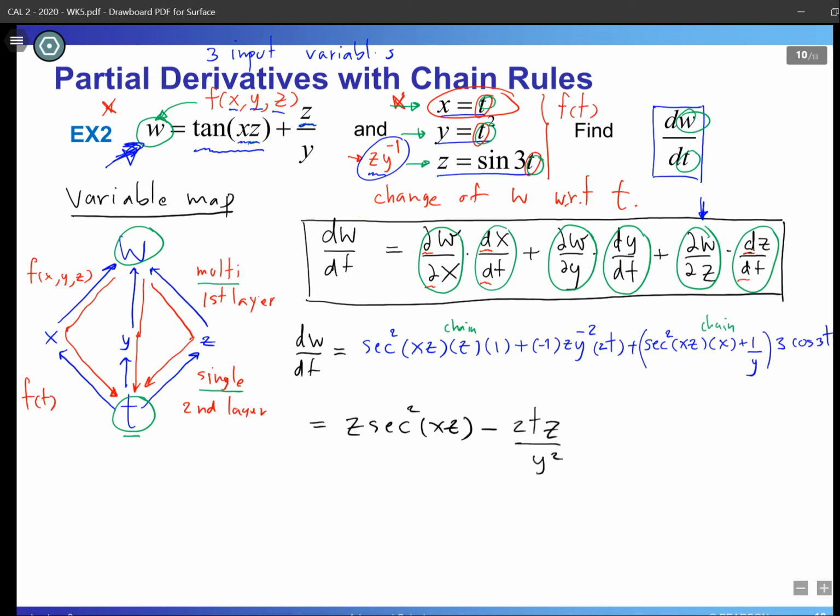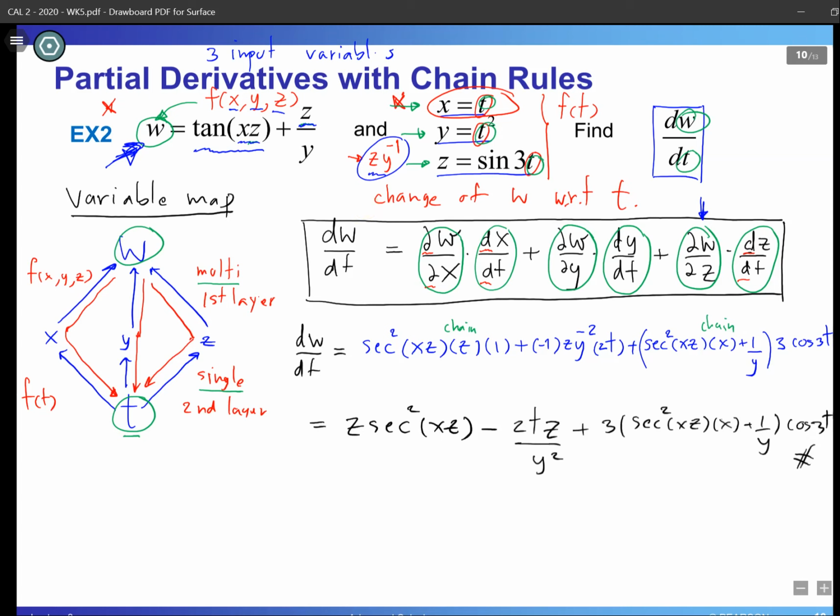Alright, and then we have this whole term, so you can keep it plus 3 at the front, and then we have this secant square xz with x, and then plus 1 over y cosine 3t, and that is the final answer for this example.